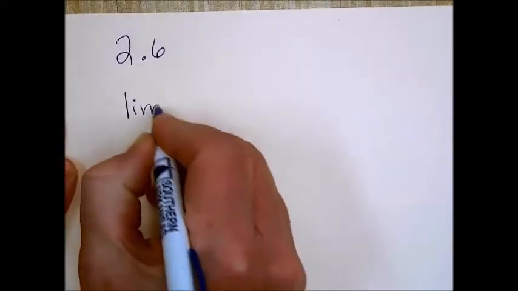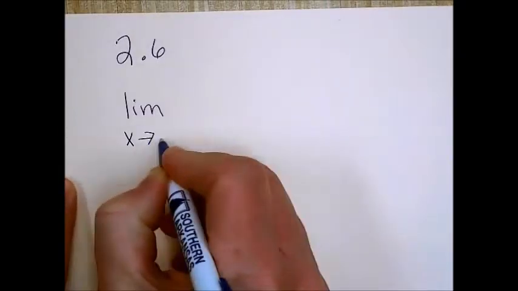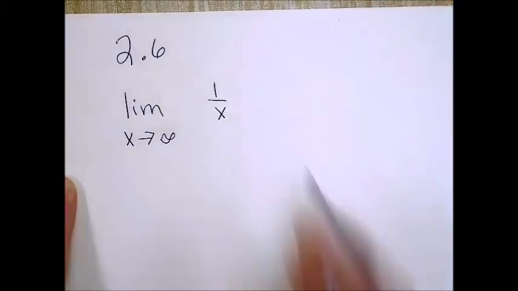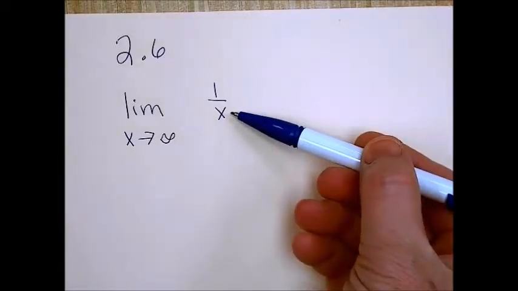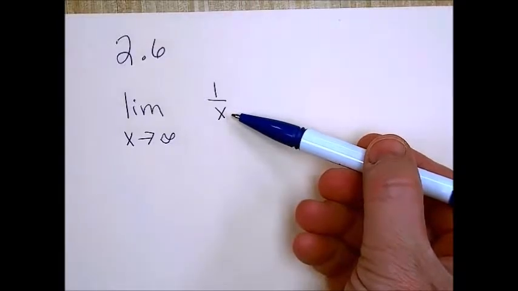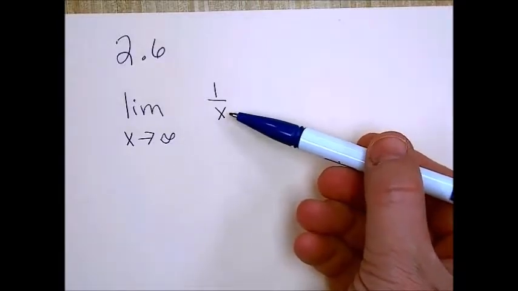But I want to talk to you about 2.6, and it's going to cover limits that involve infinity. So the first one I want us to look at is the limit as x approaches infinity of 1 over x. As x approaches infinity, the number on the bottom is going to get extremely large.